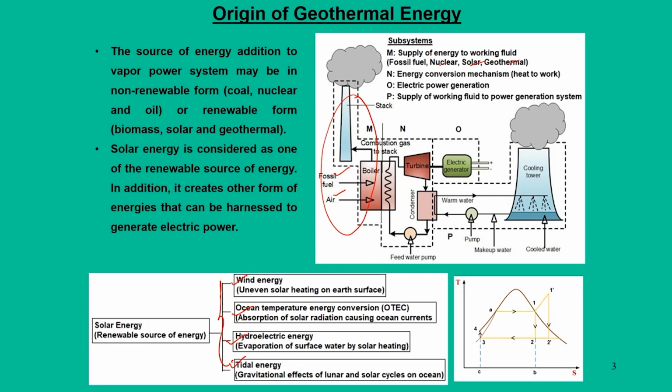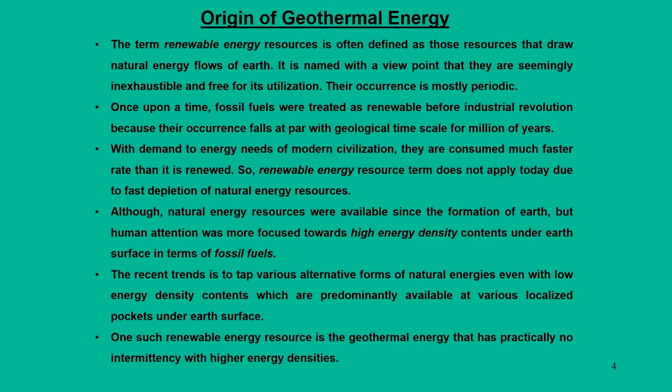Energy is also available in the earth's crust, and those are also renewable forms of energy, and they come under the category of geothermal energy. So, basically geothermal energy is also a kind of renewable energy, but it is available not on the surface or in the higher atmosphere, but underground. So, it is available in the earth's crust.